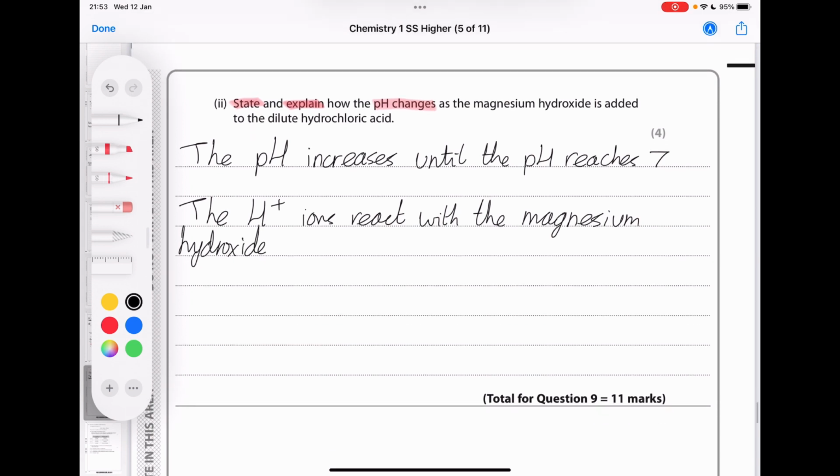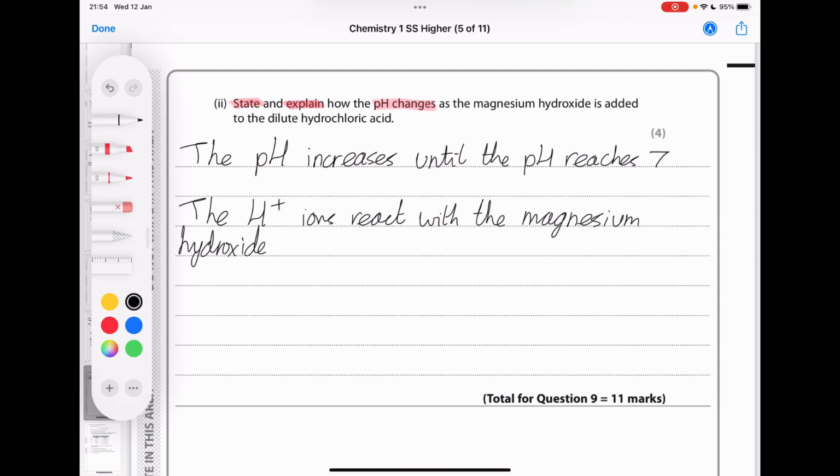And because pH is the concentration of hydrogen ions, as the concentration of hydrogen ions decreases, the solution becomes less acidic and the pH is increasing. So we should have said the H plus or hydrogen ions react with the magnesium hydroxide. That's the first part of my explanation.